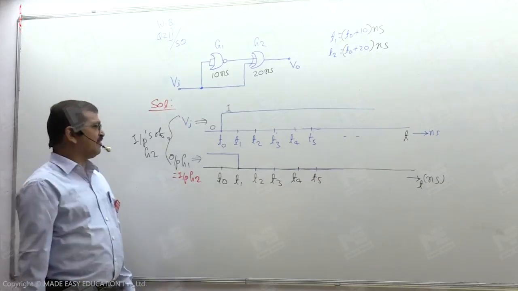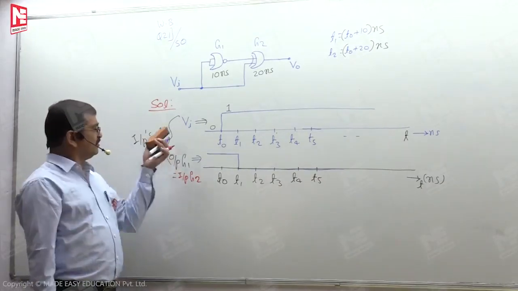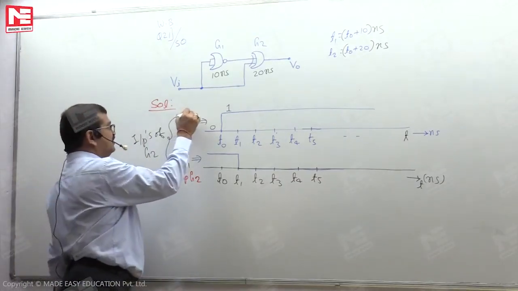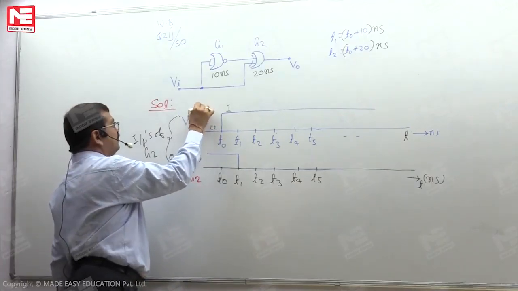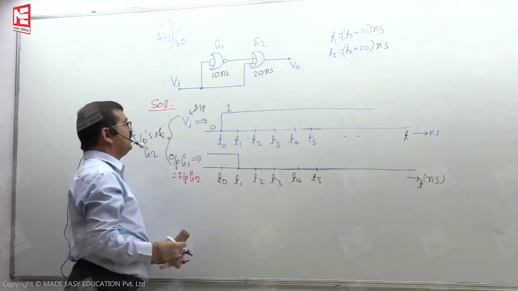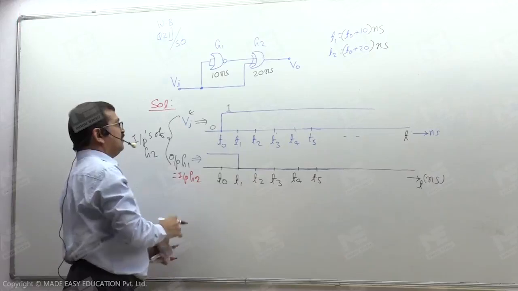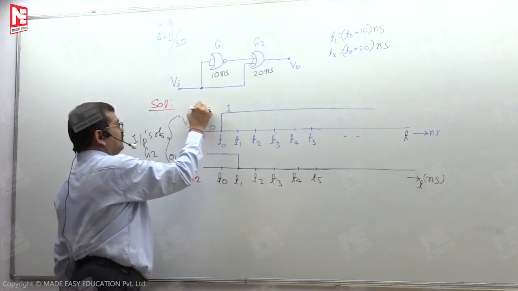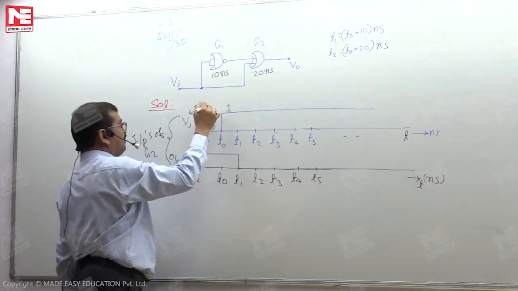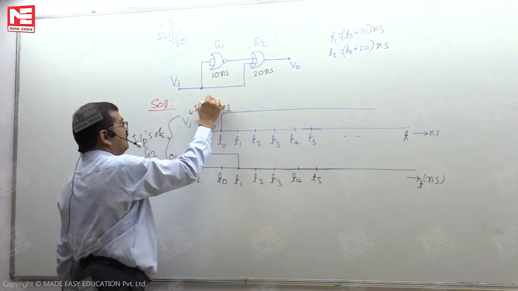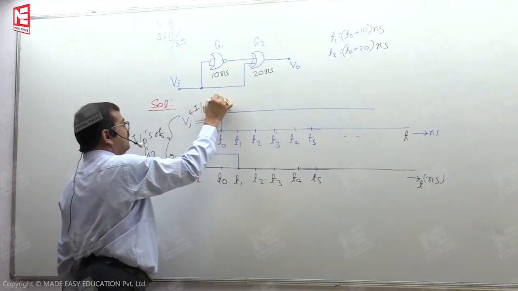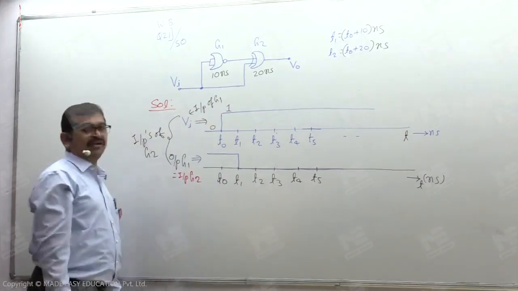In fact, one of the inputs is the gate G1 output, and the other is the single input connected here, which is the input of gate G1, you can say. So these together are the inputs to the gate G2.